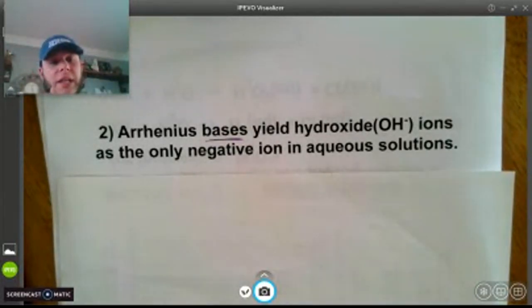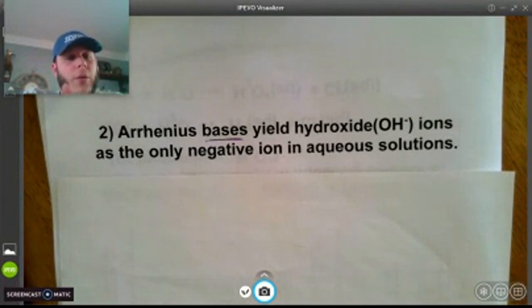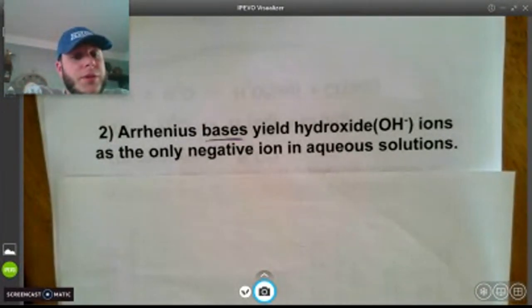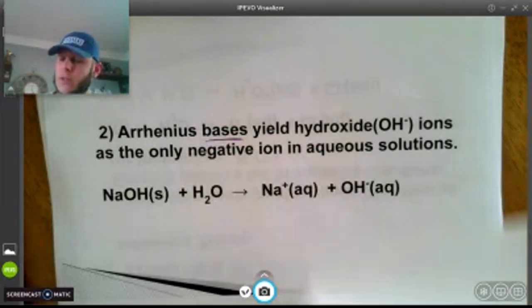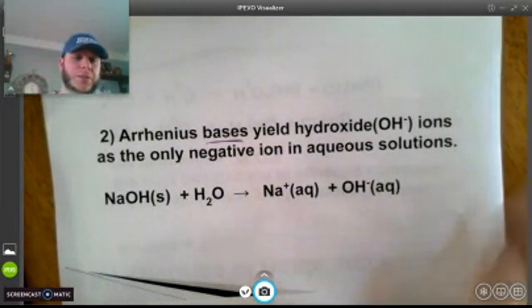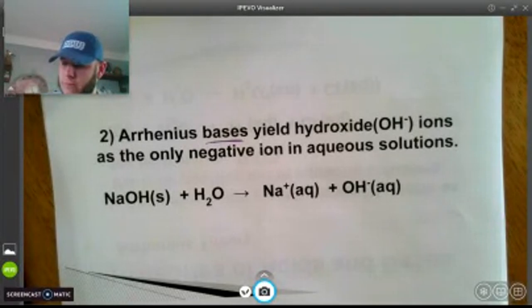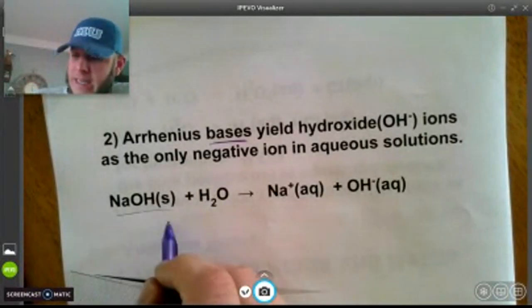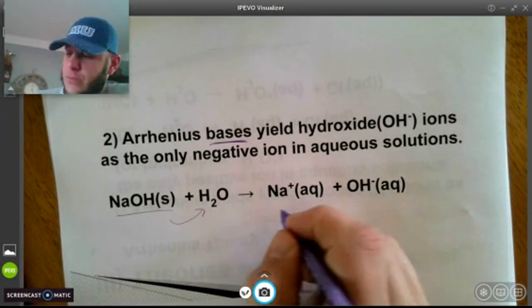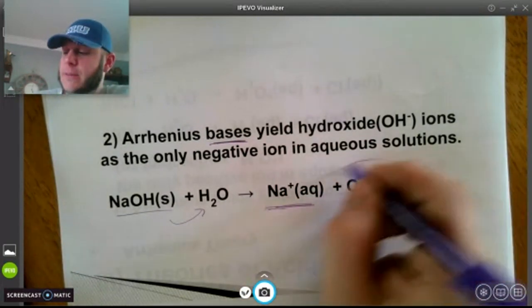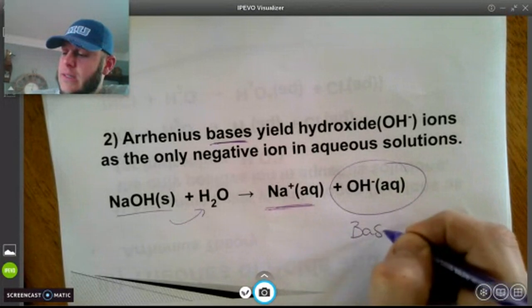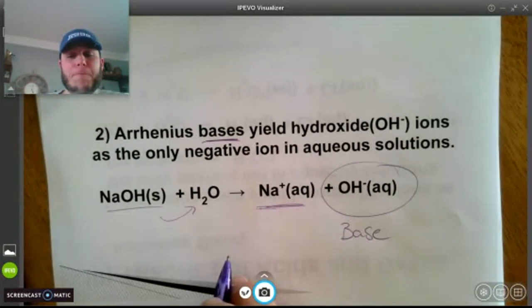So the moment something goes into water and OH- is an ion produced, that makes it a base. An example would be NaOH, sodium hydroxide. In the presence of water, it gives off a sodium ion. That doesn't make it the base, but OH- makes it the base.